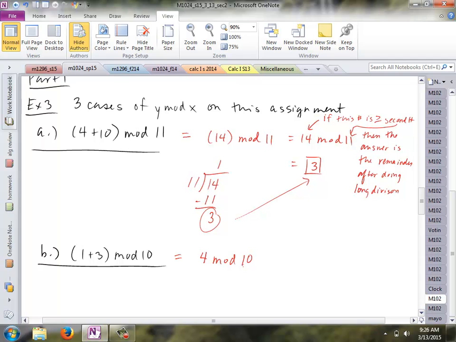This would be similar to saying something like, if it's 5 a.m., where are we in the cycle of 12 hours for the first part of the day? Well, we're at 5, right?